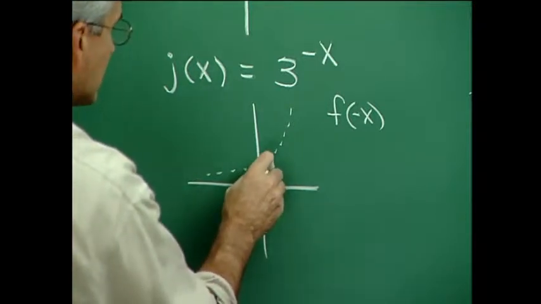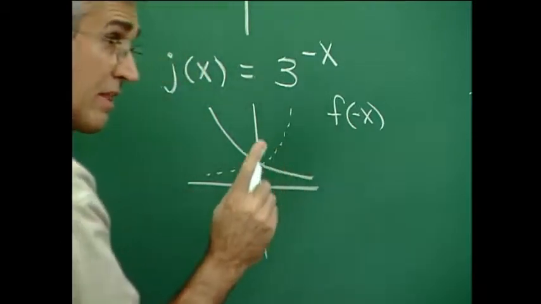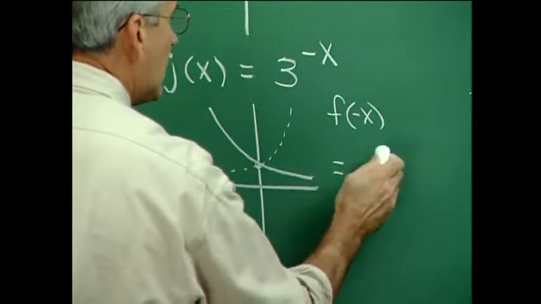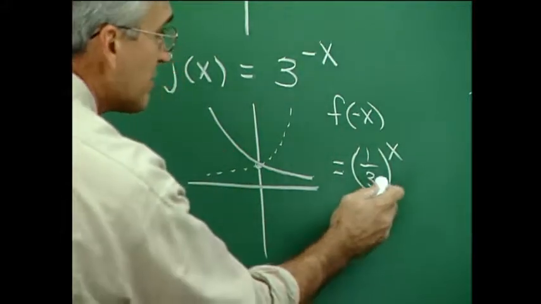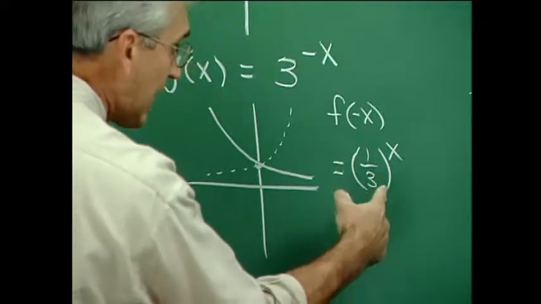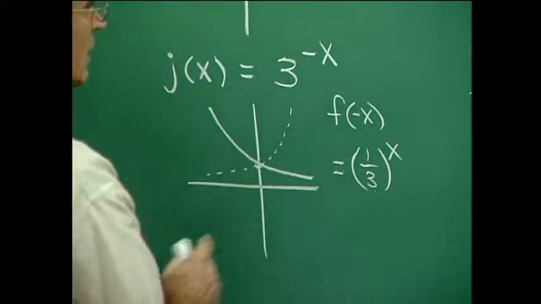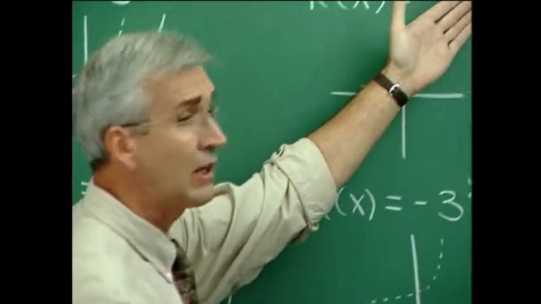So the graph of this will be this. And another way to think about it is the notion of changing this into (1/3) to the x power. And when that base, in this form, is between 0 and 1, we have a continually decreasing graph.